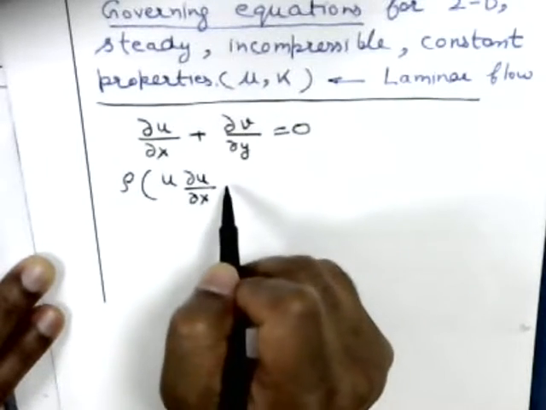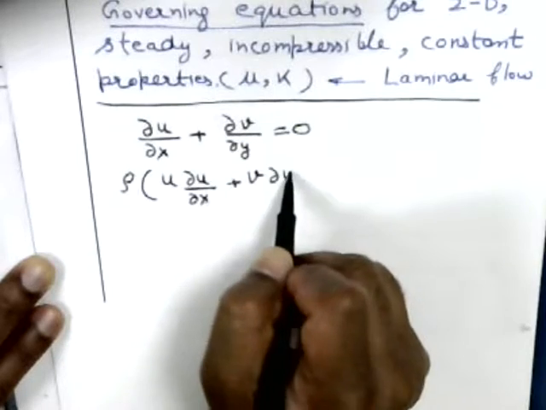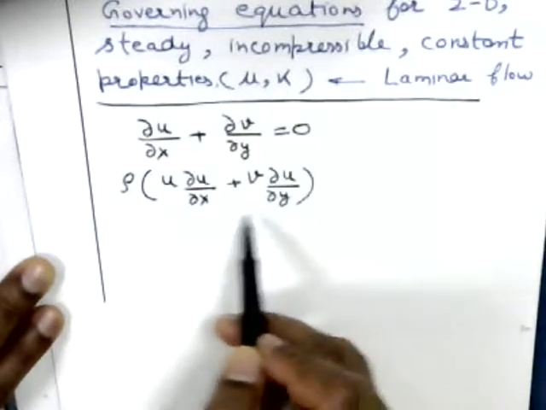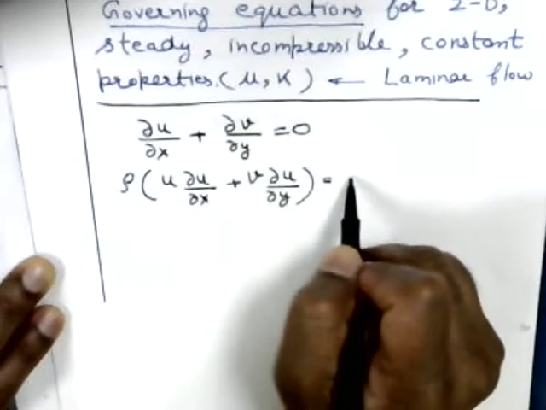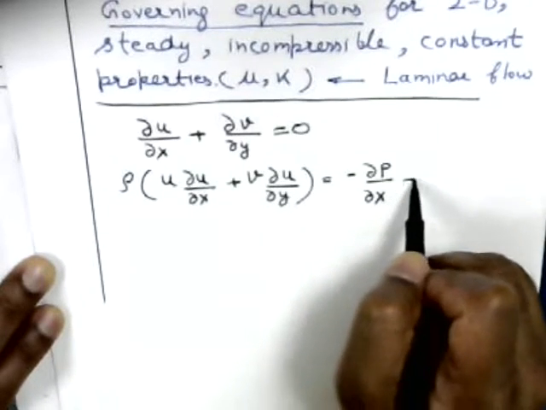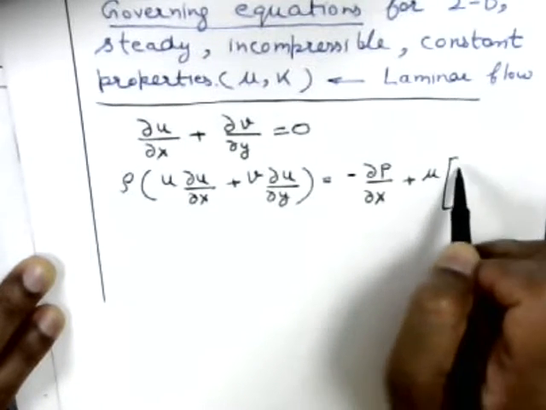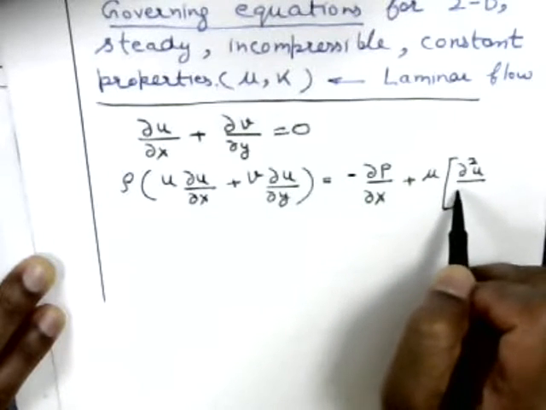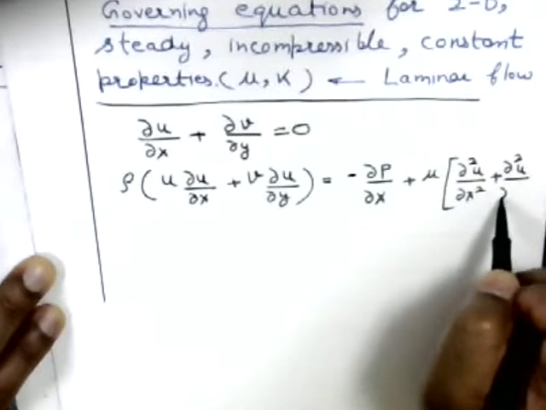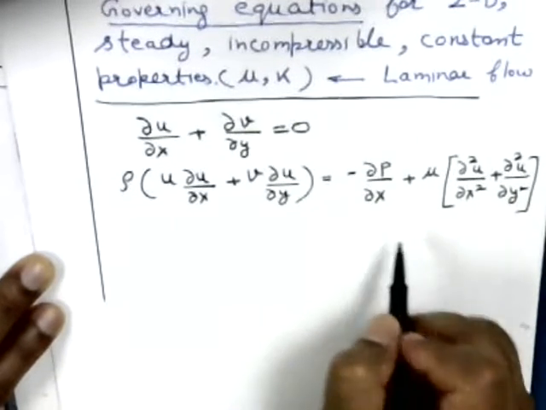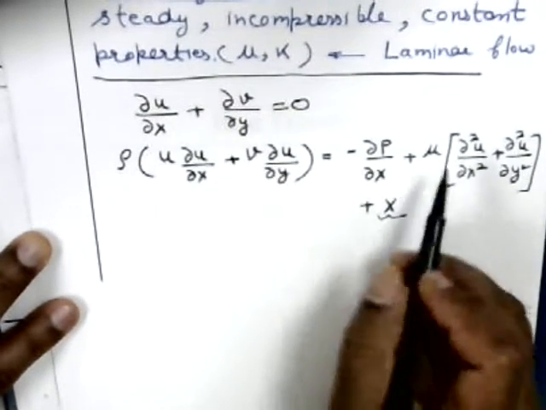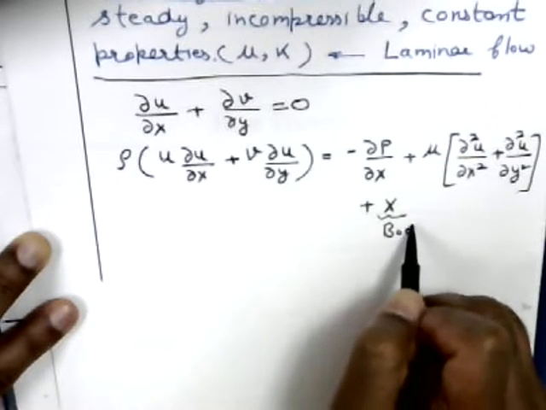Those equations are rho times u del u del x plus v del u del y. This is the inertia term in the x direction, equals negative del p del x plus mu times del square u over del x square plus del square u over del y square, plus X. And this X is body force per unit volume in the x direction.